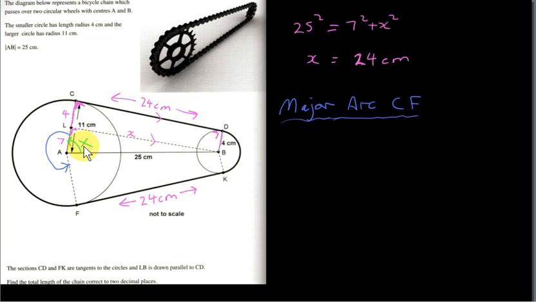Calling this angle X, we can see that we can use one of our ratios for a right angled triangle. I could use cos, sine, or tan. I'll use cos. We see that the cos of angle X is the side adjacent to angle X, which is this side here, which is 7, divided by the hypotenuse of the triangle LAB, which is 25 centimeters.